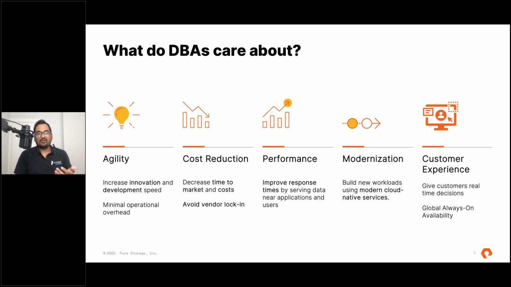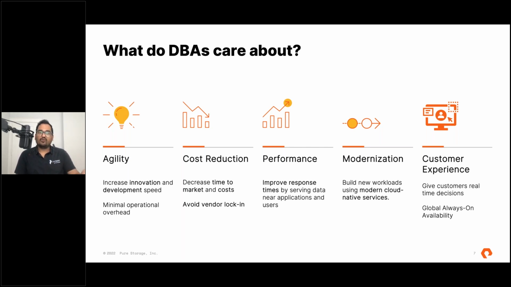The next thing that they care about is reducing costs. If you are using one of those larger traditional relational database systems, you are paying a huge amount of money to those vendors as part of their licensing cost, even though you were running it on your infrastructure.